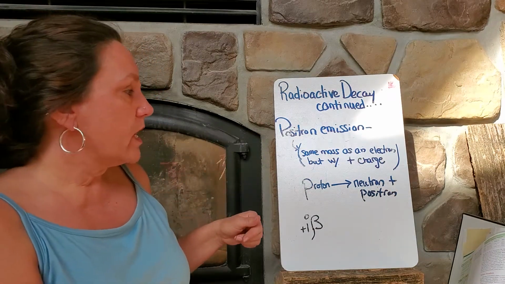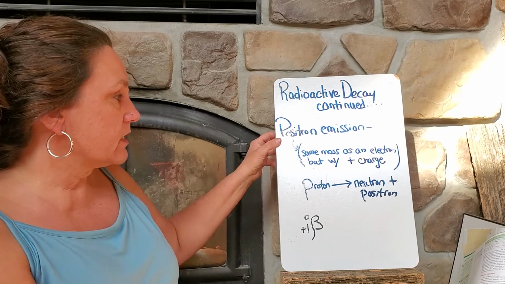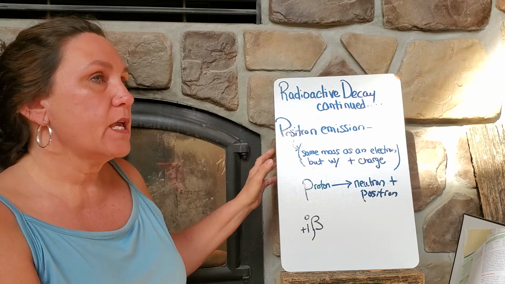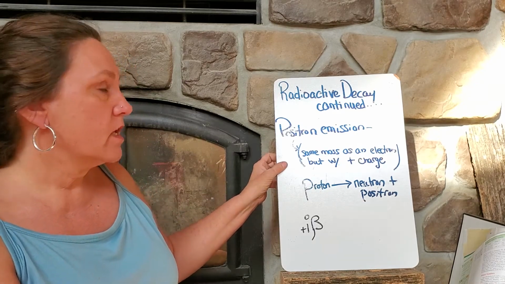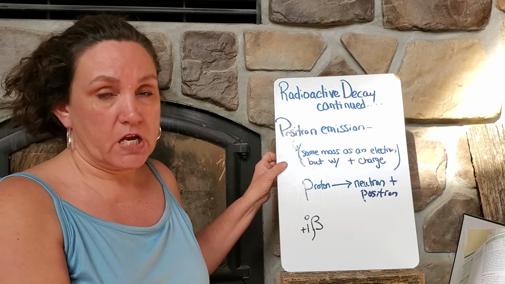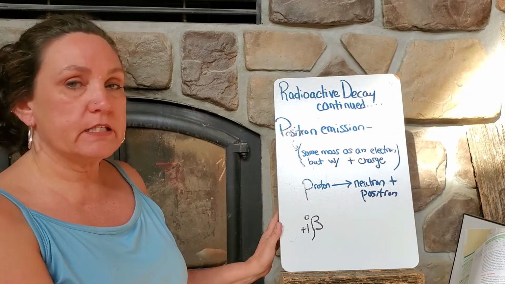This is not one that we do much with, but I want to at least introduce you to it, and it's something called positron emission. So a positron is kind of like a positive electron. Same mass as an electron, but it has a positive charge.